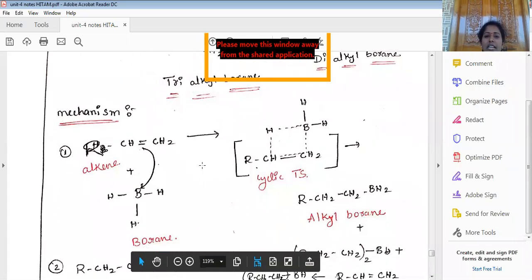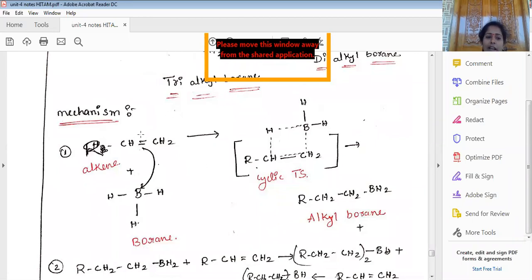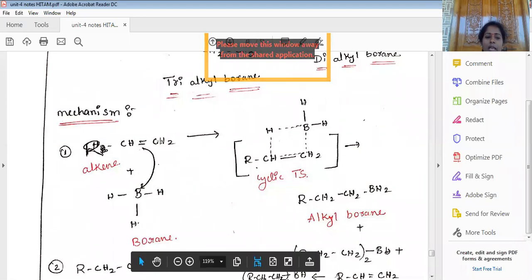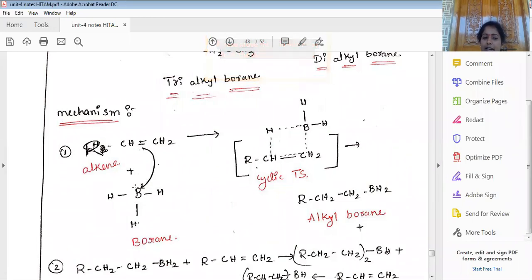Let us see the detailed mechanism of this hydroboration. The double bond is treated with borane, BH3, the carbon-carbon double bond. As we already know, diborane or boranes are electron deficient in nature. That's the reason why this double bond is able to form a bond with the boron atom.